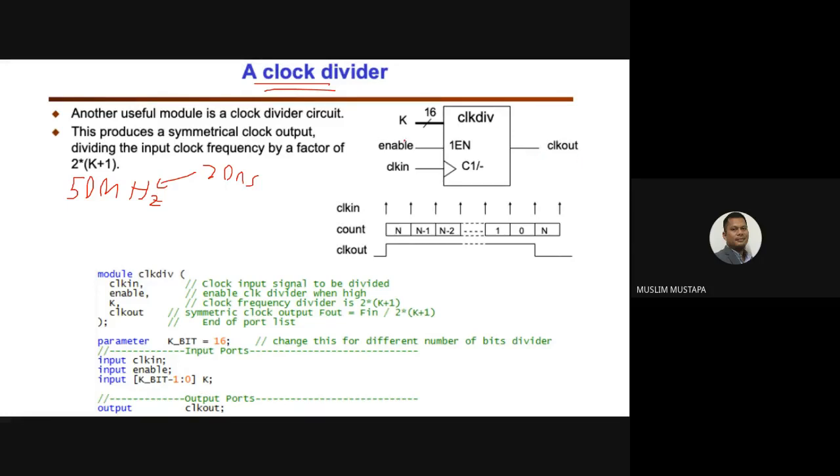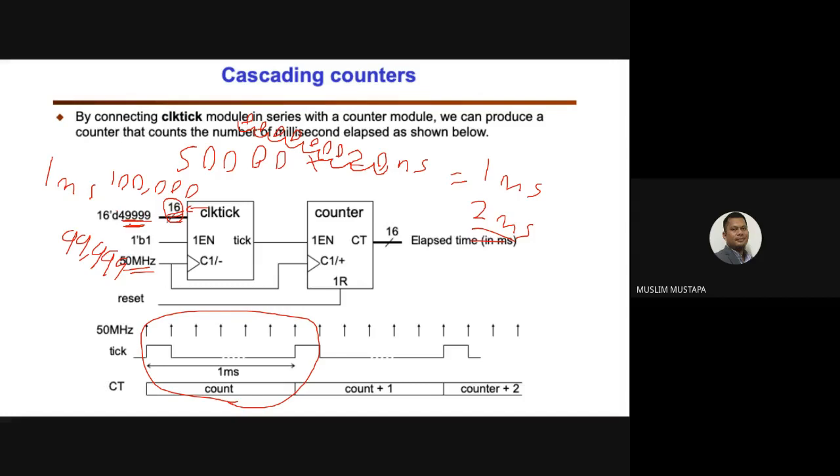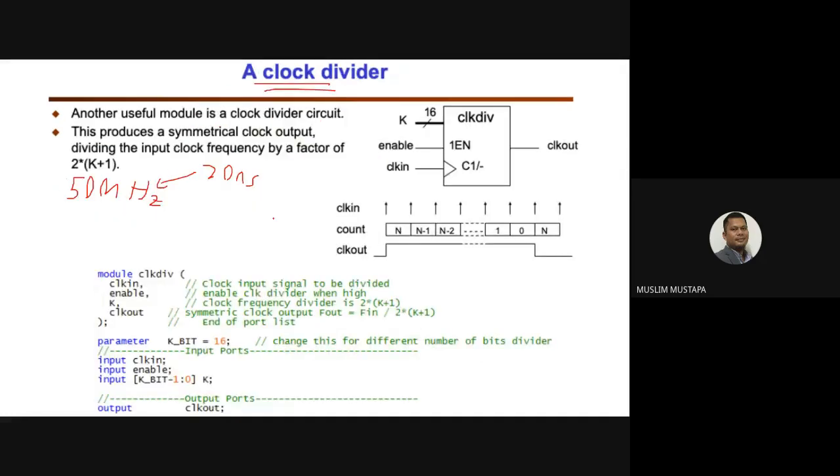We give the same number here, 49999, which means 50,000. Again, we do 50 million, which is 50 megahertz, and we divide it by 50,000. I got confused with this calculation before, so you divide it.